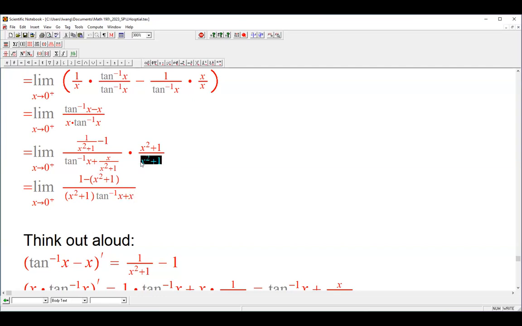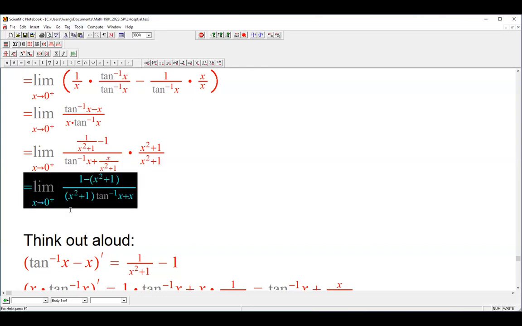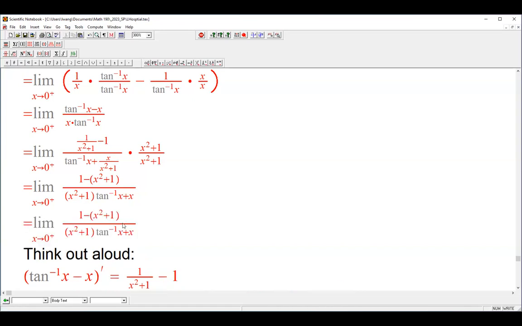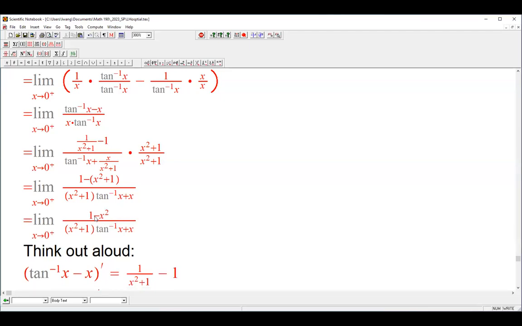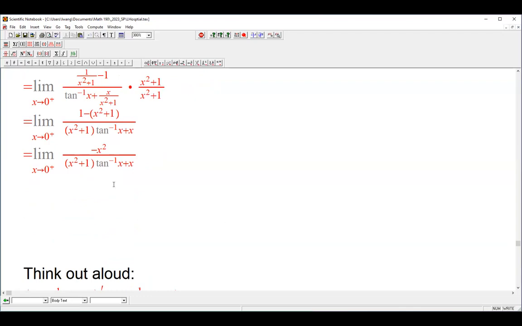Because this piece times that, we have x left. If we organize the terms on the top, minus x squared minus 1, so we only have minus x squared. Okay. And then what?